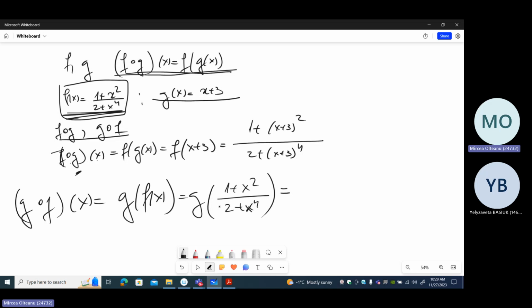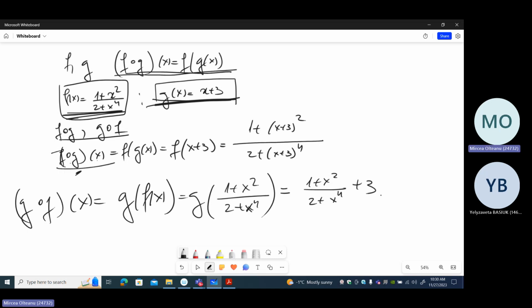Now we have to look at g. G of x is here, but this is applied to x. Now we apply it to this expression. So it's like here, instead of x, we have 1 plus x squared over 2 plus x at the power 4. So we shall get 1 plus x squared over 2 plus x at the power 4 plus 3. As you can see, they are different, of course.